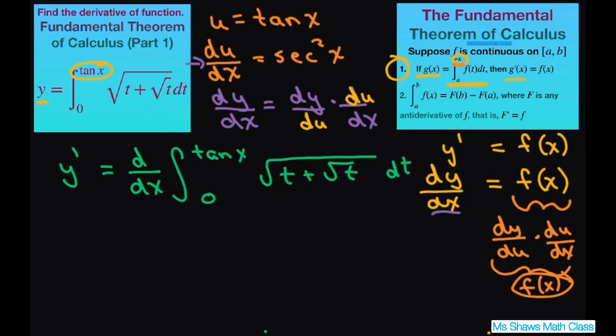Remember, this derivative of y is the same as derivative of y with respect to x. Now, let's do the derivative with respect to u. You just write u to 0 and copy this down again.